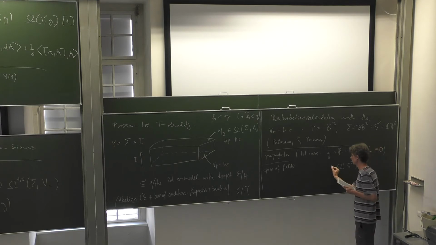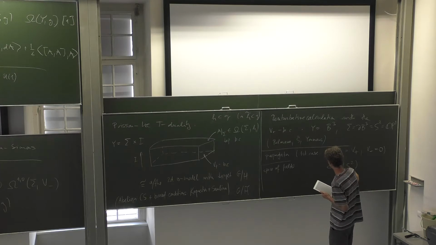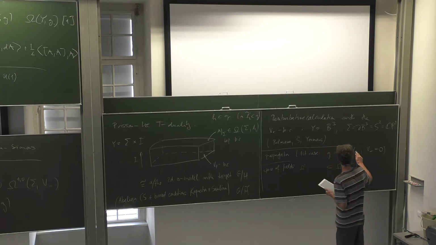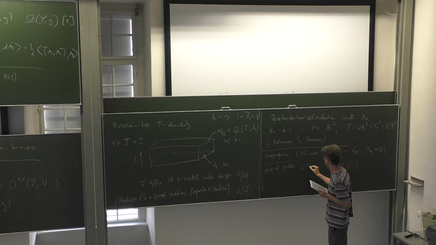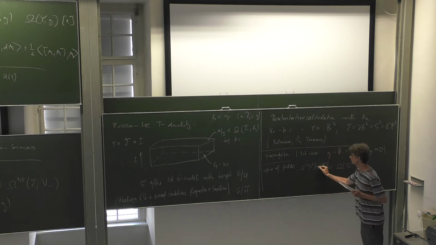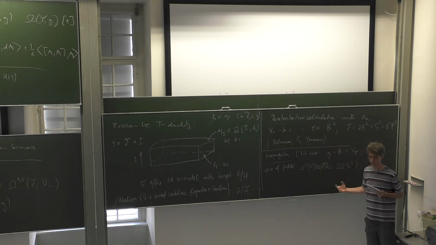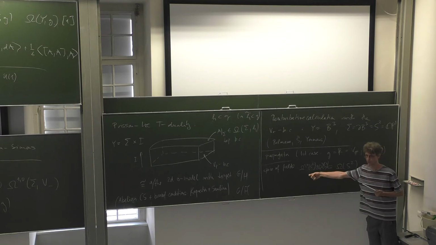Now the boundary condition is that we don't take all these fields, but only one. Sorry, no, this should be V minus and V plus should be 0. So 1, 0 forms plus 2 forms. And then we take forms on B3 with this boundary condition.